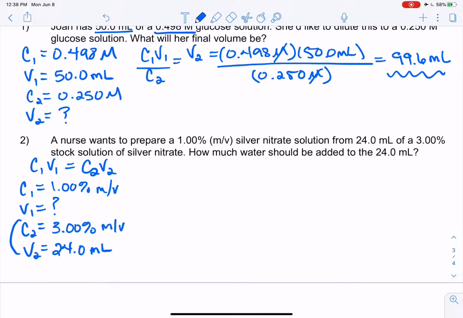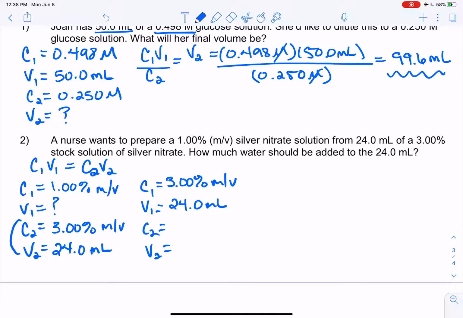Now, other students will say, wait a minute, what she originally has is 3% M over V solution, and she has 24 milliliters of that.